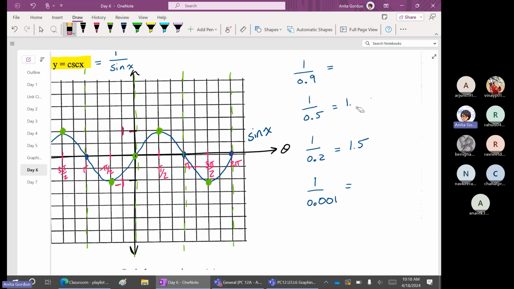Let's start again. 1 divided by 0.9 is 1.1. 1 divided by 0.5 is 2. 1 divided by 0.2 is 5. 1 divided by 0.001.